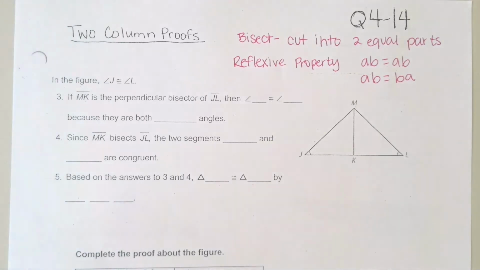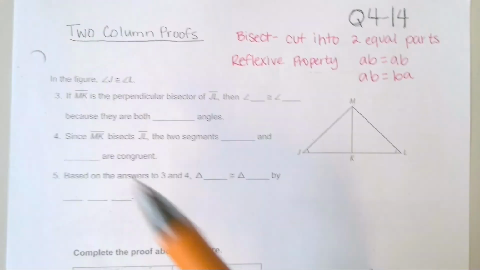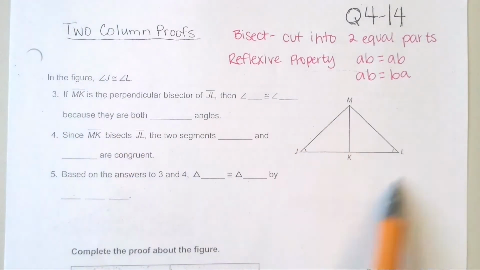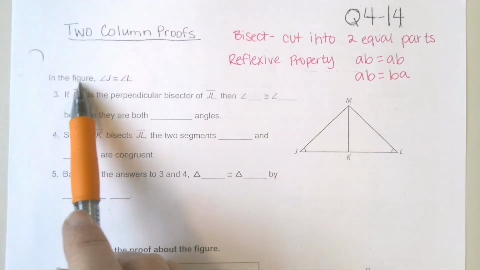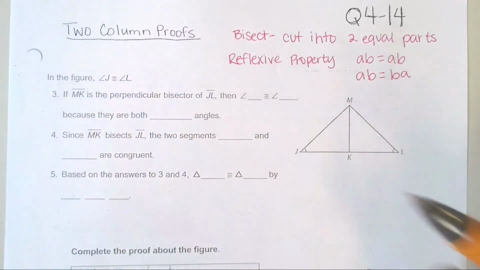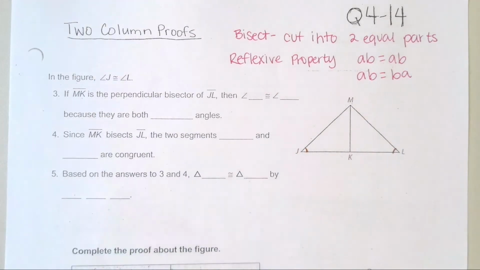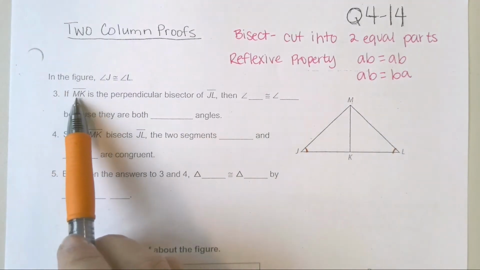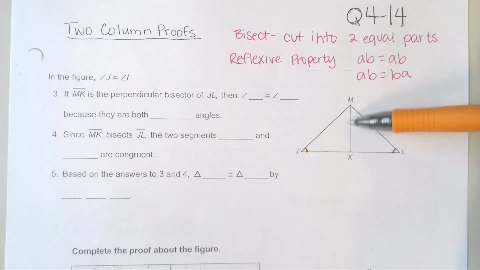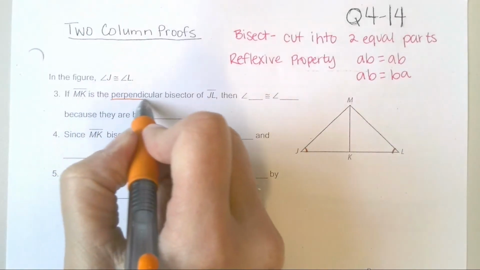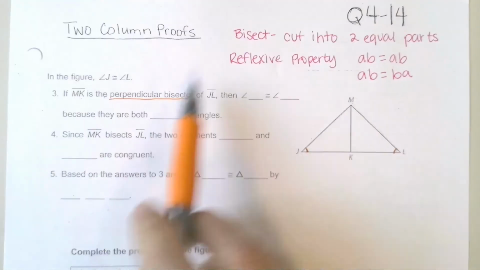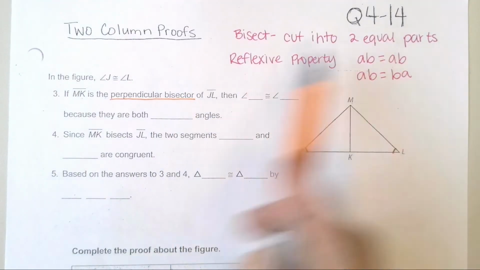Okay, so we're going to get started with this. In our first diagram, we have in the figure angle J is congruent to angle L, and you can see that that's marked here, angle J and angle L. It says if side MK, this guy right here, is the perpendicular bisector. So we know bisect means cut into two equal parts, so bisector.